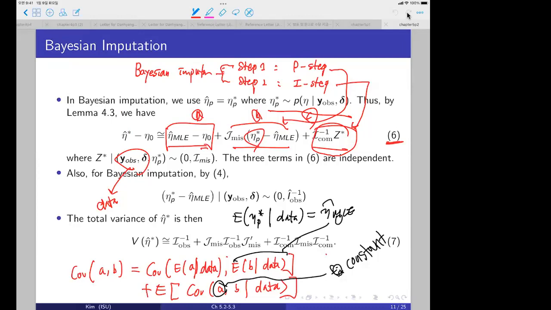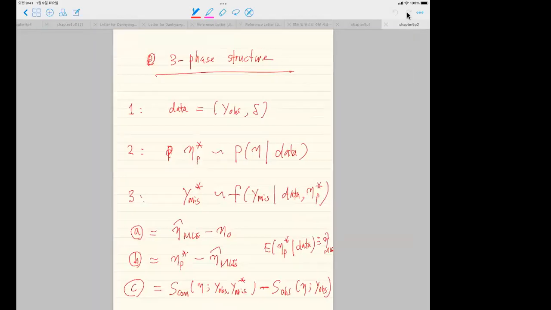The notation for this eta hat is a little bit confusing. This MLE means the MLE with the missing data, right? Mainly from the observed data, yes.